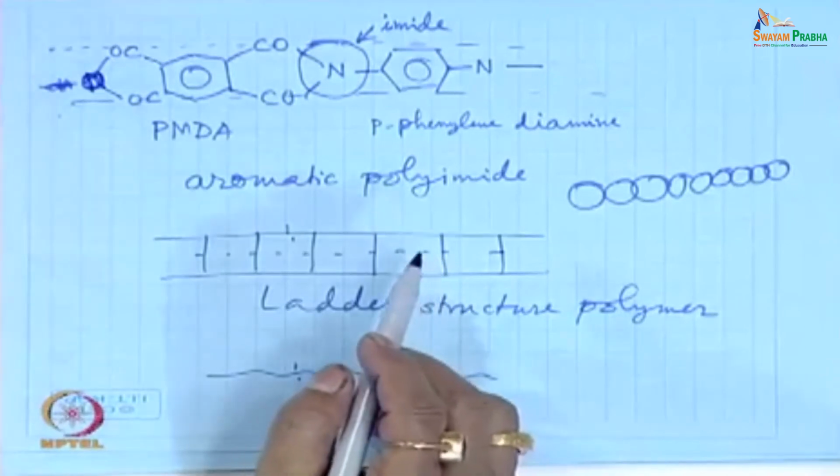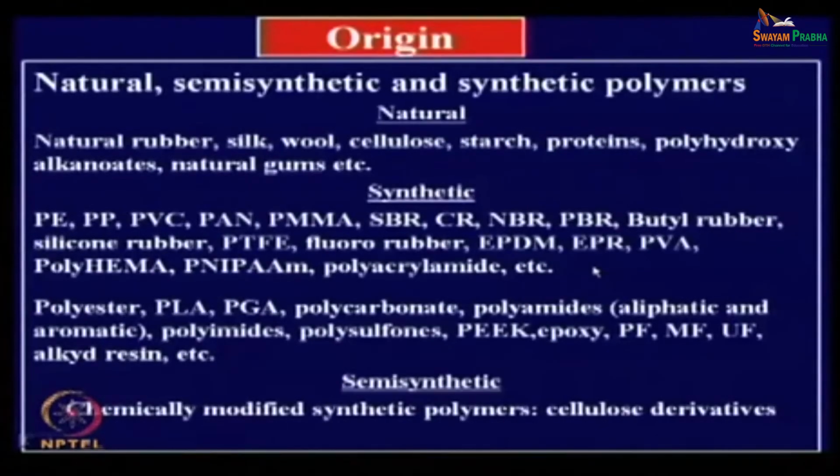Similarly, polysulfones, polyether ketones, you will come across the structures of those polymers. Then epoxide polymers, epoxy polymers. You know araldite. What is araldite? It is a 2-pack polymer, 2-pack system.